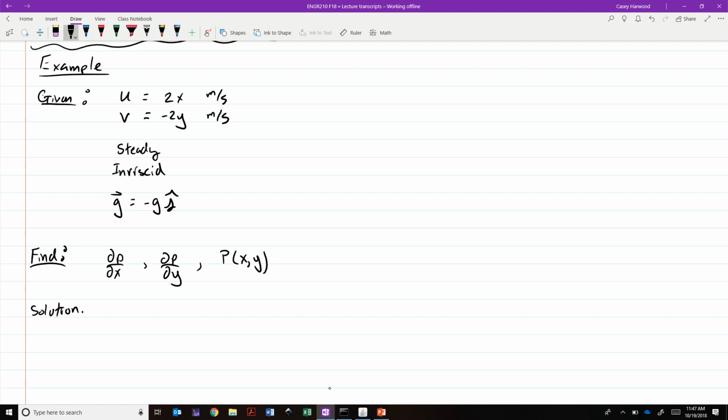So our solution approach here is essentially going to be first, state our assumptions. We're going to assume that flow is steady, rho is a constant, okay, incompressible, homogeneous flow.